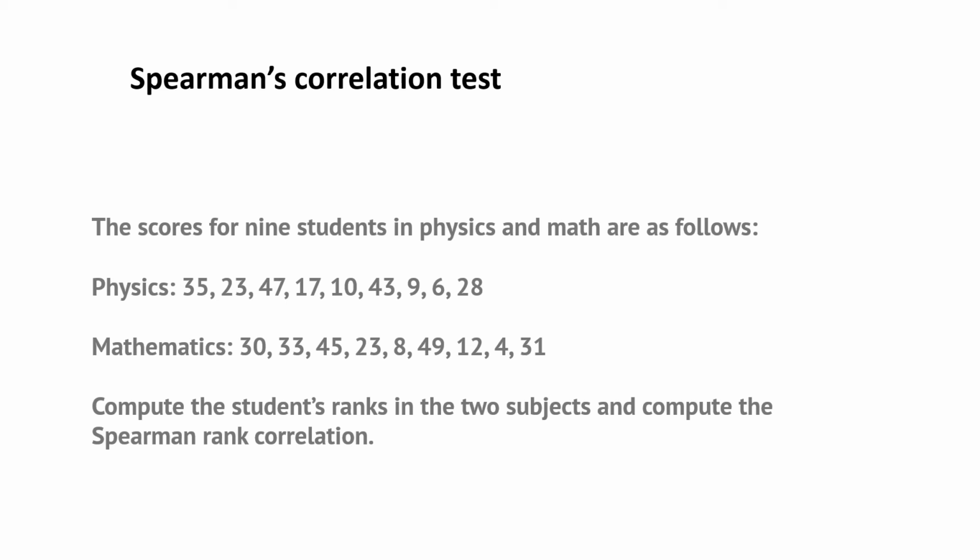Mathematics marks of the same students are 30, 33, 45, 23, 8, 49, 12, 4, 31. Compute the students' ranks in the two subjects and calculate the Spearman rank correlation. Spearman's correlation test is otherwise known as Spearman rank correlation.